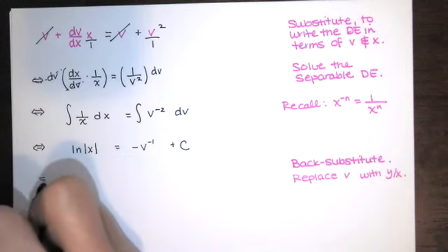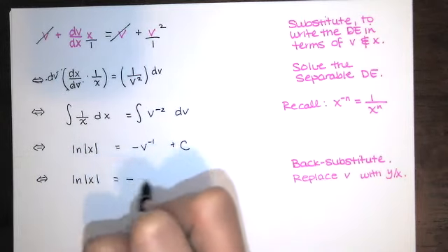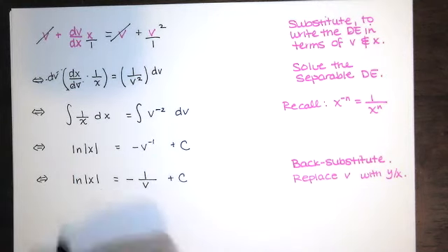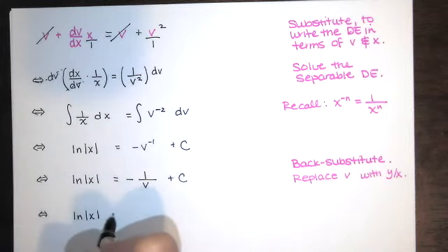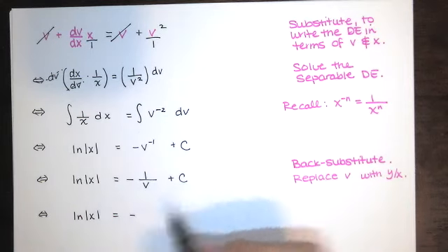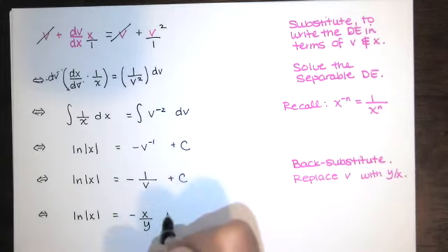So we've got natural log of the absolute value of x here minus 1 over v plus c. And if v is y over x, that means 1 over v is going to take that fraction and flip it. That's going to be negative x over y.